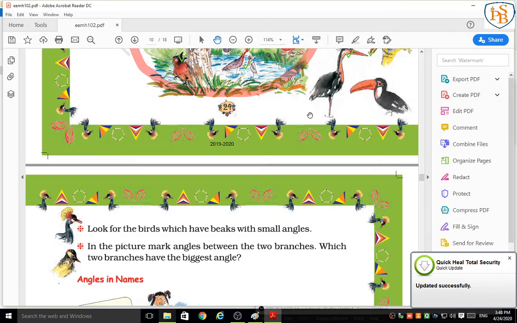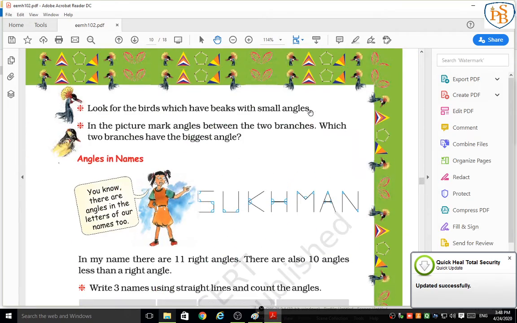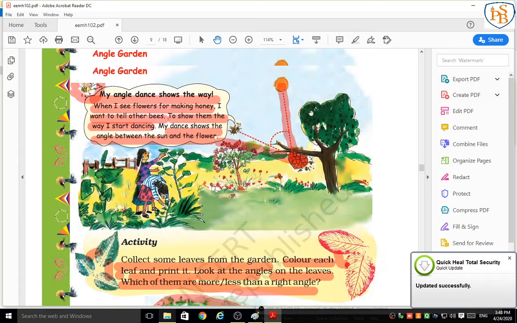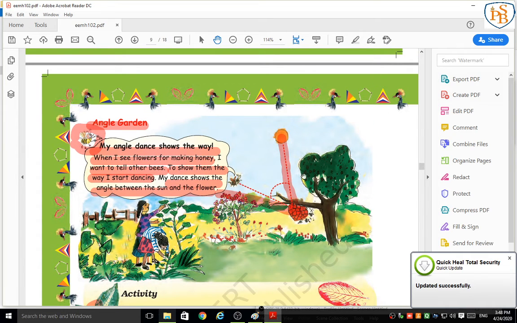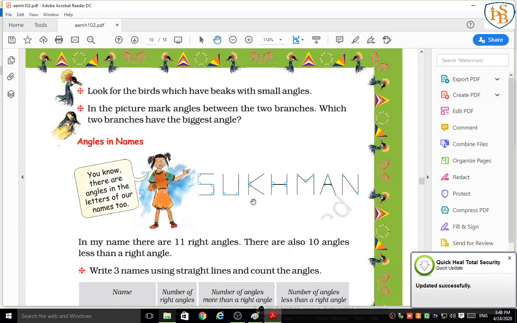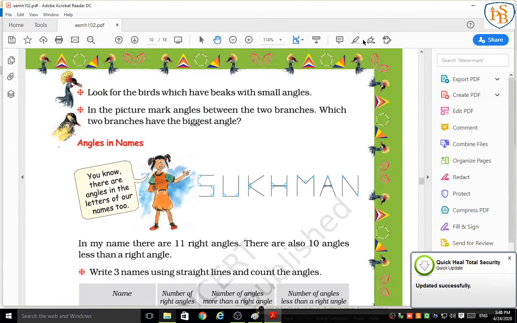Acute angle or less than 90 degree, greater than 90 degree. Like that, here we search the different types of angles in the garden, between the flowers and the sun, the dancing bees, then branches, then birds. With that, in the next topic, we have to find out the angles in the names.